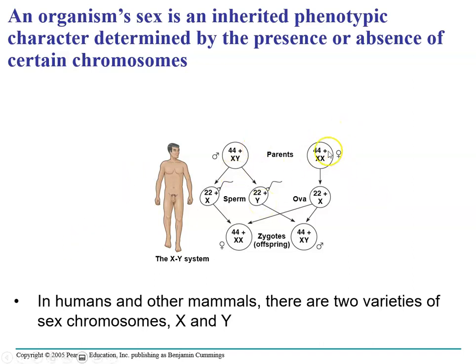However, the female will only give her eggs or ova 22 autosomes and one X chromosome. She doesn't have any Y chromosomes, so every single egg would have an X. So it's actually the male and which sperm, whether it carries X or Y, that determines the sex of the offspring based on which sperm fertilizes the egg.